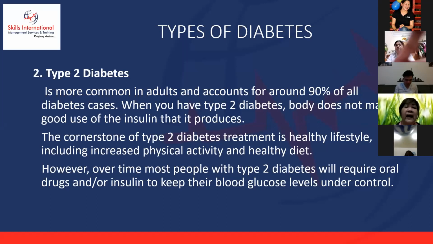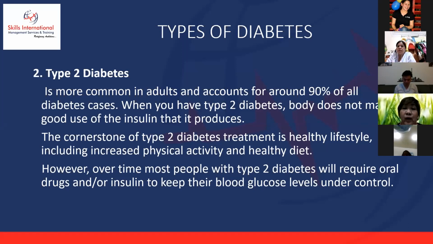Secondly, we have type 2 diabetes. Type 2 diabetes is more common in adults. It starts in adults already. For example, what is the age for adults? Around 20. Those starting from their 20s are called adults, and type 2 accounts for around 90% of all diabetes cases.